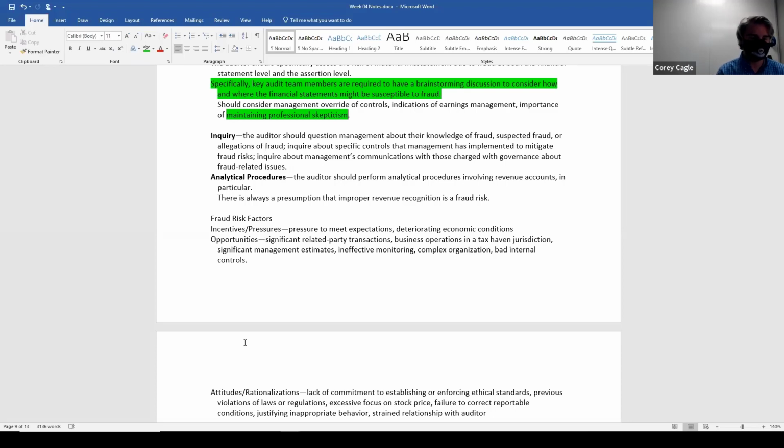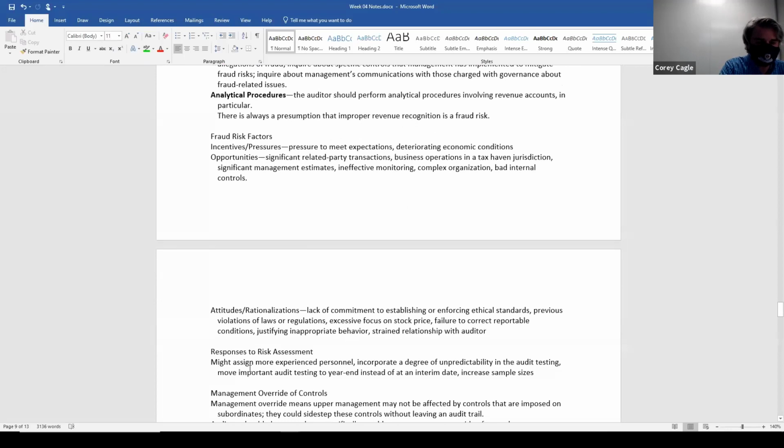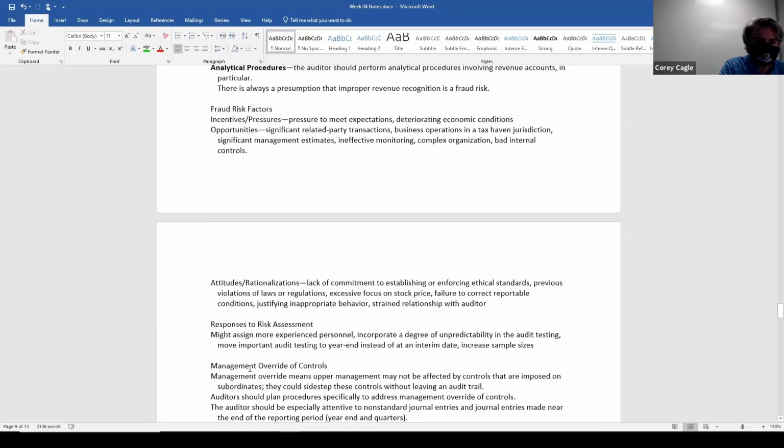So these are all risk factors we want to consider. Attitudes and rationalizations, we would assess things like level of commitment to establishing some kind of ethical standards and enforcing them. Has anybody violated things in the past? That kind of thing.